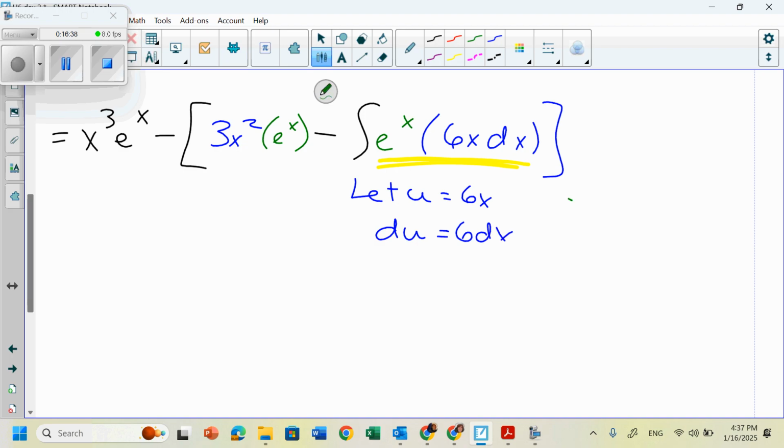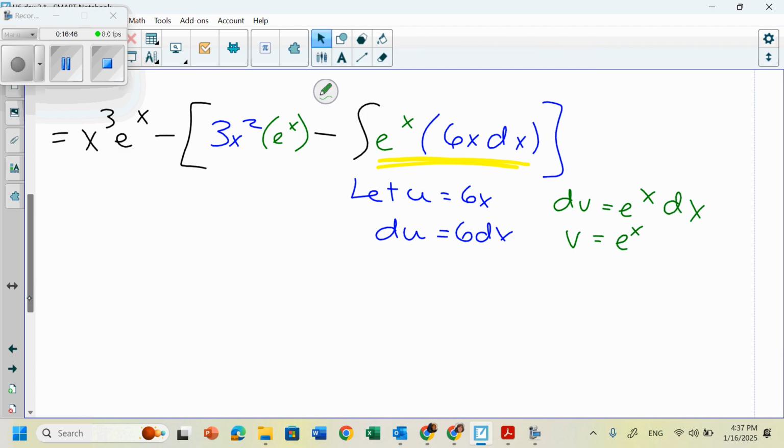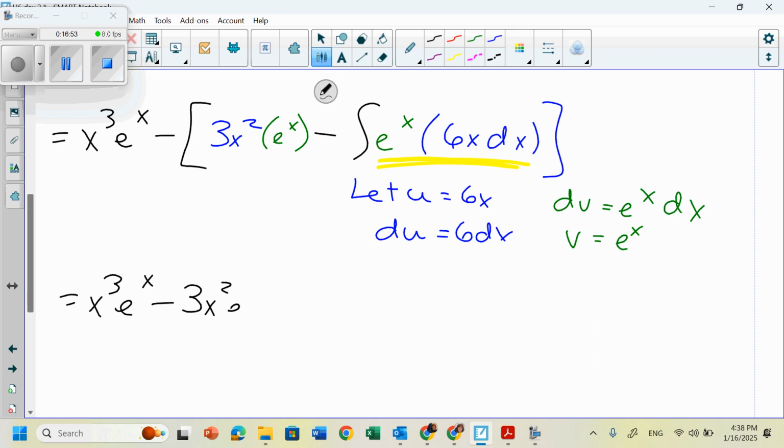This x cubed e to the x is okay. I have a minus 3x squared e to the x, and then I have a plus. Now I'm doing the integration of the underlined yellow piece, which is going to be uv minus the integration of v du. Oh, now I've gotten down to this, and that can actually be integrated.